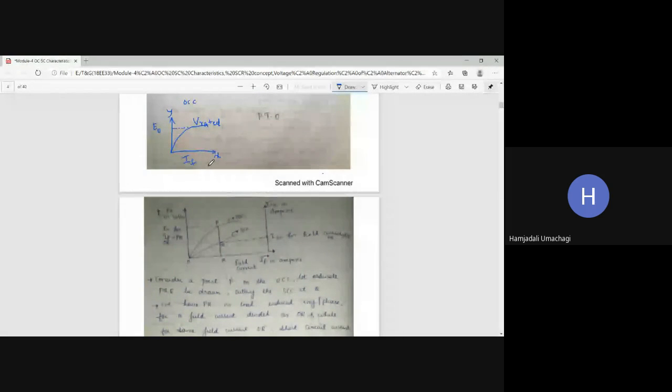So this OCC will give us what? Which parameter are you getting here? As I keep on changing the field current, I am going to get E, which means what?